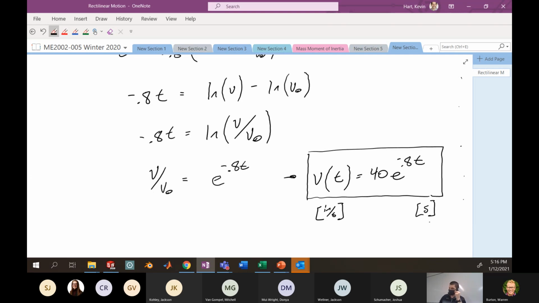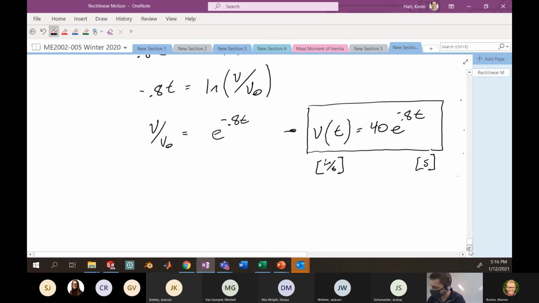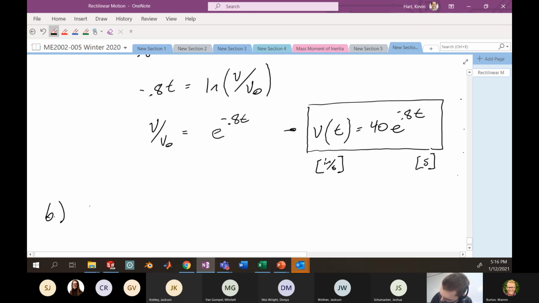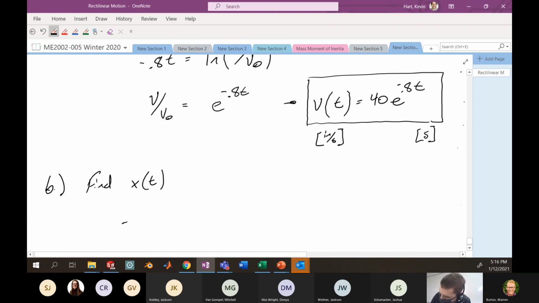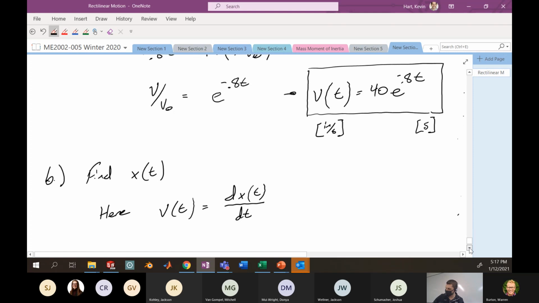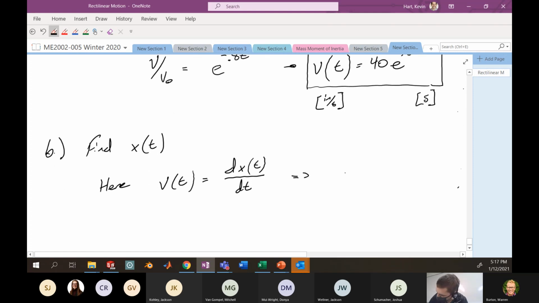Well, that's nice. I can now move on to part B pretty easily. And that is, I want to find the position as a function of time. Here I know my velocity as a function of time is the derivative of the position as a function of time. Rearrange.